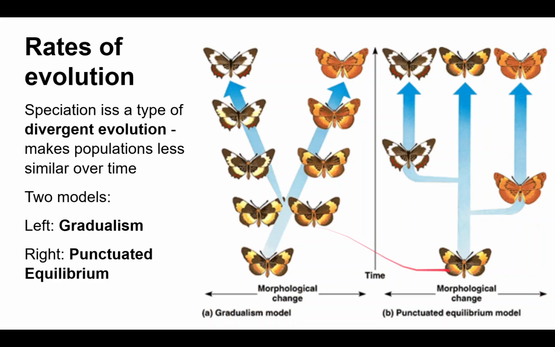There's another model, though, that looks at this and says, well, what if we had this butterfly here go for a long time without a lot of change, right? Kind of a stasis, an equilibrium. And then something happens, say right here, and causes rapid evolution to another species, which then continues on without a lot of change, right?